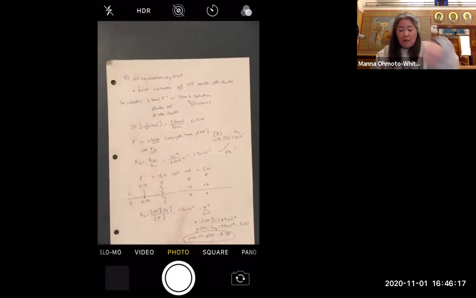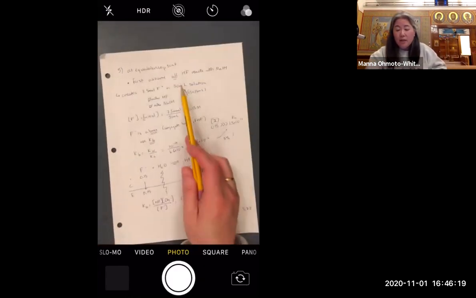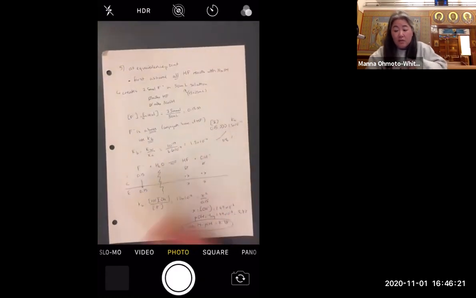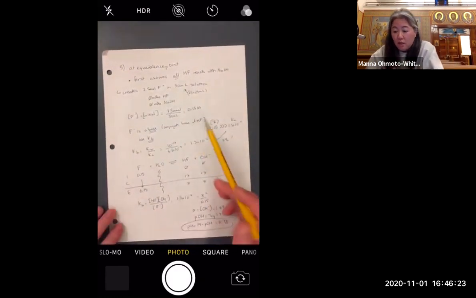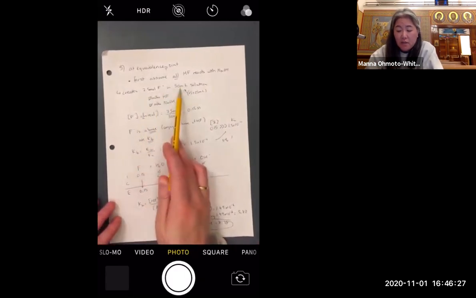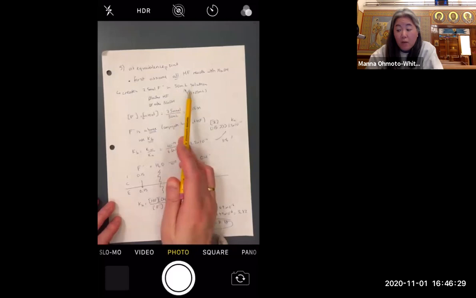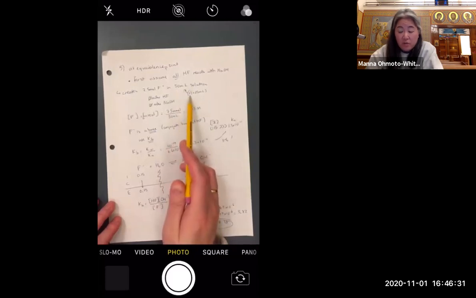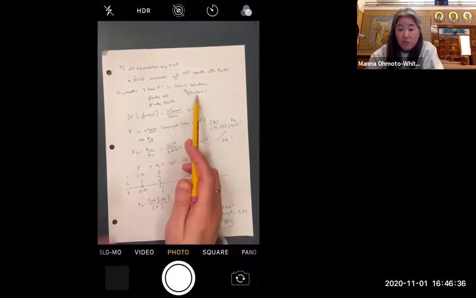So at my equivalence point, I'm going to first assume that all of my hydrogen fluoride reacts with my NaOH. All of it's gone. And I create 7.5 millimoles of fluoride ions in a 50 milliliter solution. Why 50 milliliters? Because I started out with 25. They have the same concentration, so that means I have to add 25 milliliters of my base in order for it to be titrated.